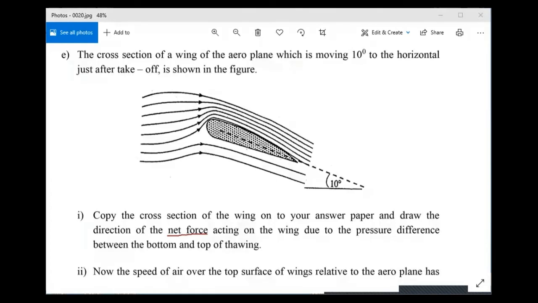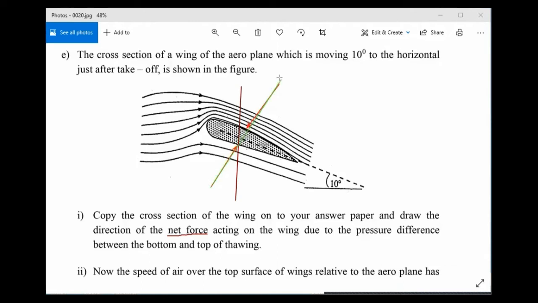So simple. The point is the pressure force is always acting towards the surface and perpendicular to the surface. Therefore, the pressure force acting on the bottom surface is acting towards the bottom surface, and the other force also acting towards the surface. If you want, you can draw a line like this, and you can draw another line like this.